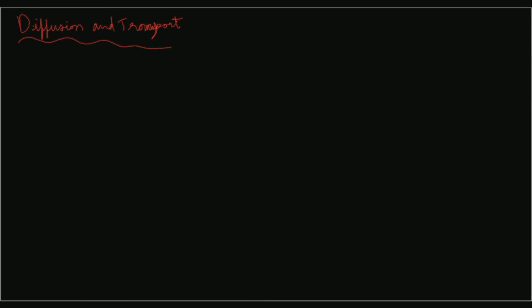But there are really two main types of transport. So first, let's talk about passive transport. Passive transport requires no ATP, and it's also called diffusion.